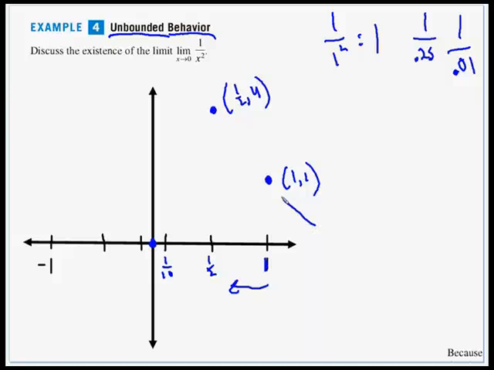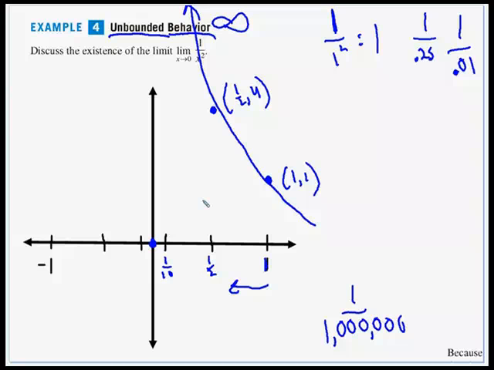So it looks like the graph is going up, up, up, up. And think what happens if we get even closer. 1/1,000,000th. Well, 1/1,000,000th squared would be an incredibly tiny, tiny fraction. And when we divide that into the numerator of 1, it would be a huge number. We're going way up. We're approaching infinity.